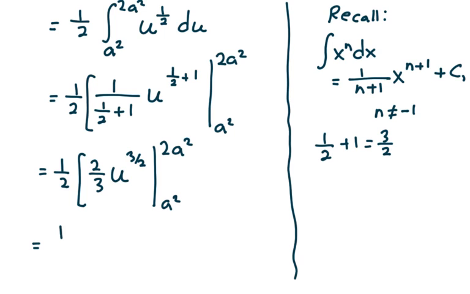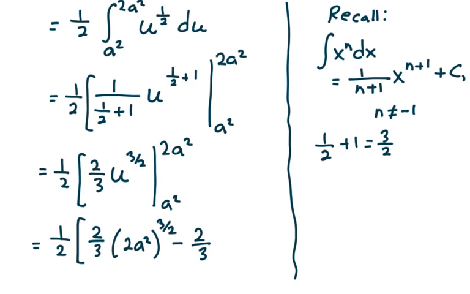Now, I'm going to get 1/2 of, and then we're going to take u and replace it with 2a squared. So we get 2a squared to the 3/2 minus 2/3 times a squared to the 3/2. Like this.